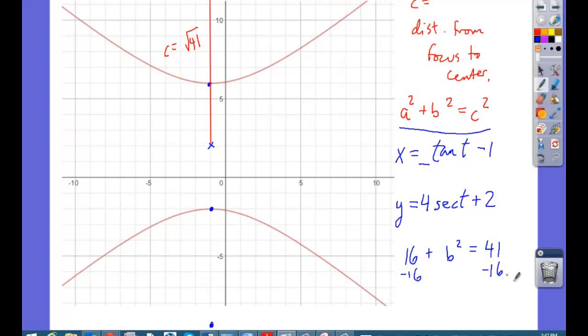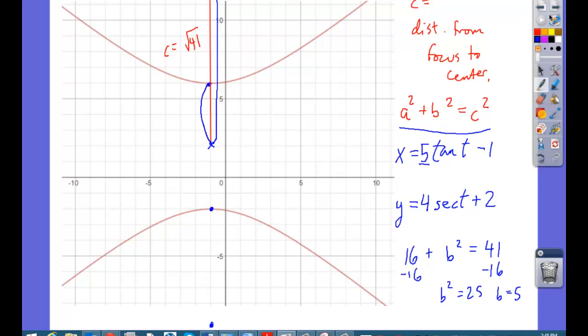So you take away 16, and you have b squared is 25, and b is 5. And so now you know what that is. So based on the distance from vertex to center and the distance from focus to center, if you know both of those, you can get this mystery coefficient right away with the Pythagorean theorem.